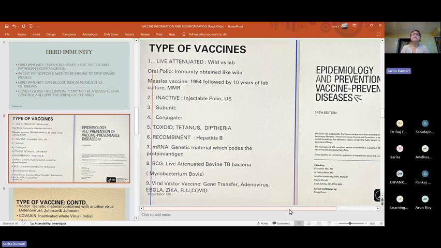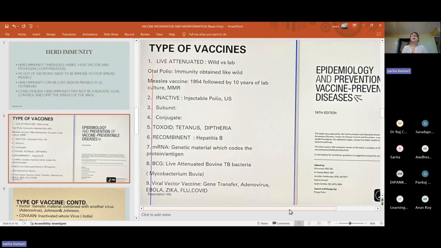Now, the same virus can be inactivated, but it is still the whole virus. That is the injectable polio, which is given in the US. So the concept that live attenuated or oral polio is safer than the inactivated or injectable one is not correct, because injectable polio is a killed virus and oral polio is actually a live virus.